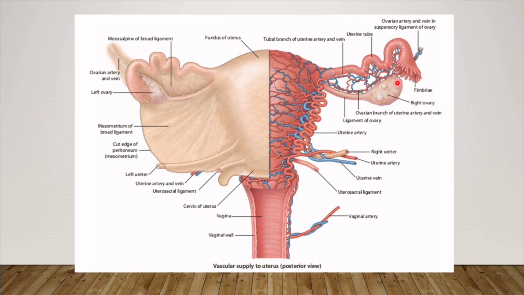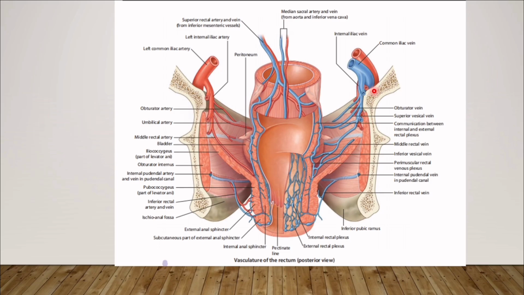Another artery is the superior rectal artery, which is a continuation of the inferior mesenteric artery at the level of the pelvic brim. This artery not only supplies the rectum, it also supplies the upper part of the anal canal.